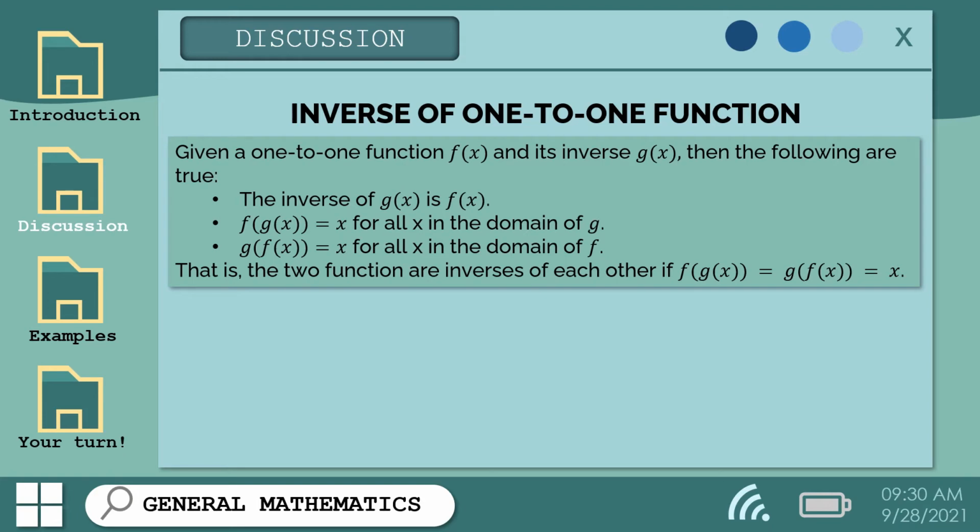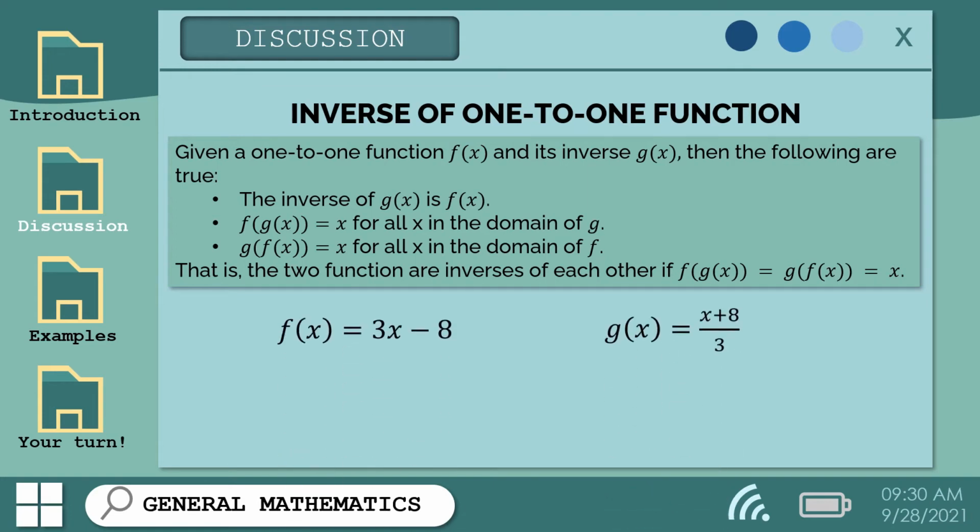Gayon din po, g of f of x is equal to x for all x in the domain of f. So, the two functions are inverses of each other if f of g of x is equal to x and g of f of x is equal to x. Ganun lang po siya.